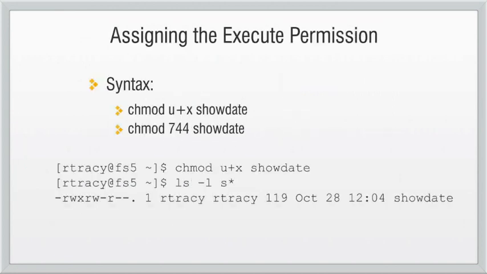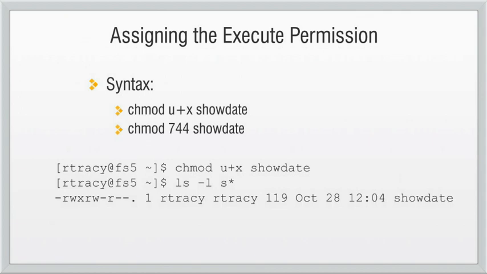To do this, you simply enable the execute permission for owner or for group or for others or any combination thereof. And this is done using the chmod command. So in the example we're working with here, I can allow the showdate file to be executed by the bash shell by adding the execute permission to whatever users we want to be able to run it.